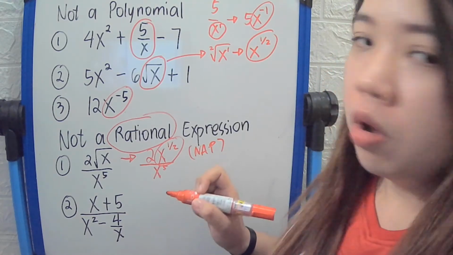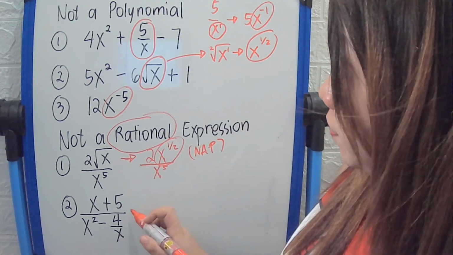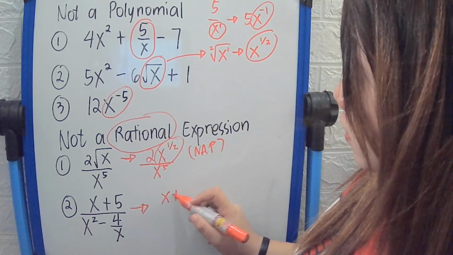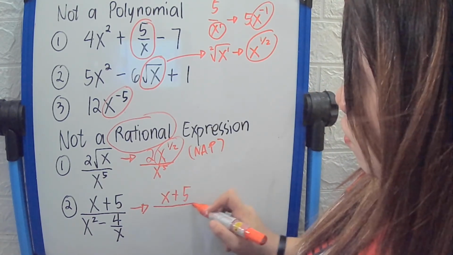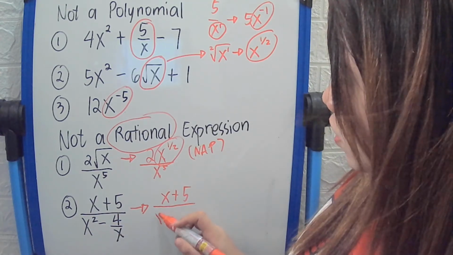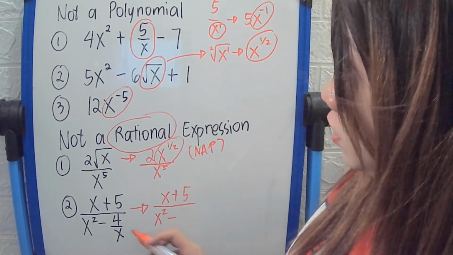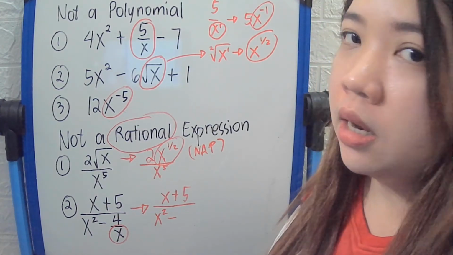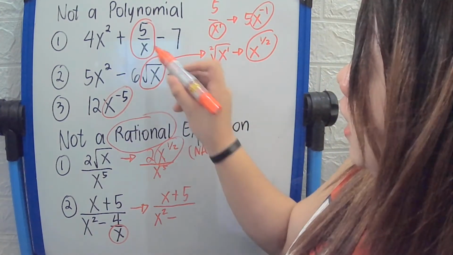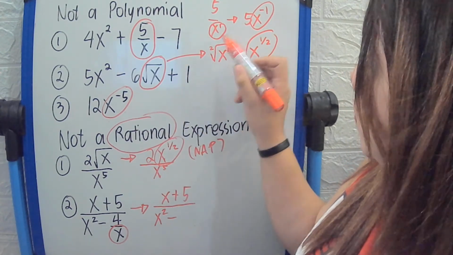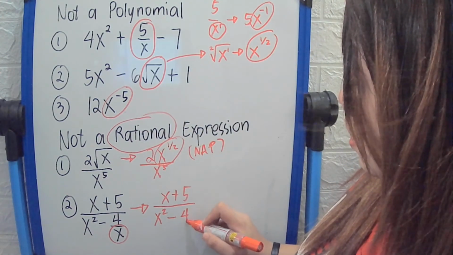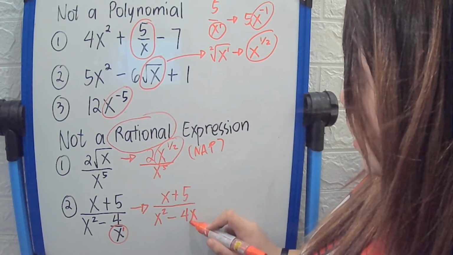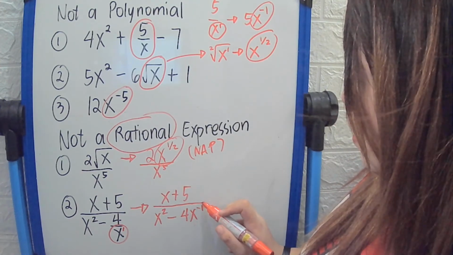Whereas in number 2, it can be written as x plus 5 over, we have here x squared minus, since you have here a variable in the denominator, it can be written as, just like here, 4 the numerator, and then this is raised to 1, so x raised to negative 1.